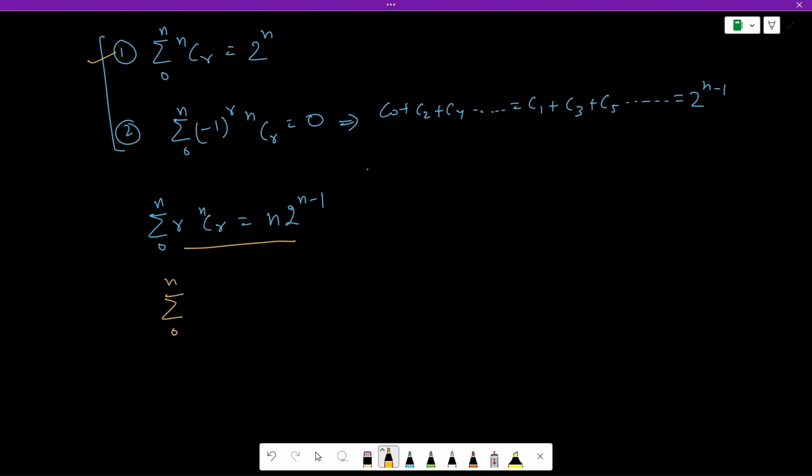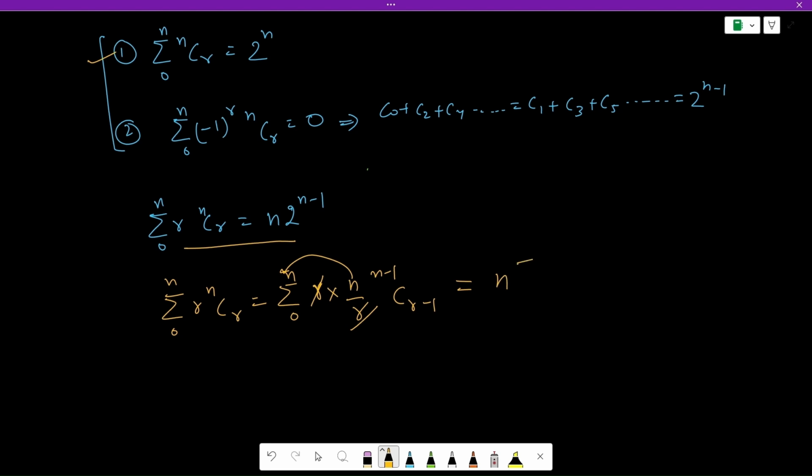Summation 0 to n r and Cr. Now we can write it as summation 0 to n r into n by r n minus 1 C r minus 1. This cancels out and we can take this n out of the summation.